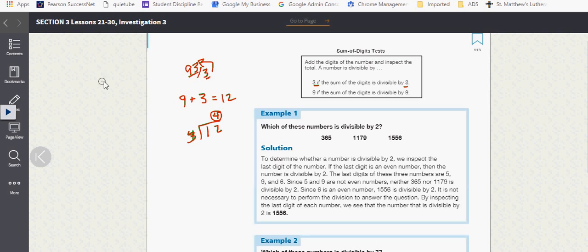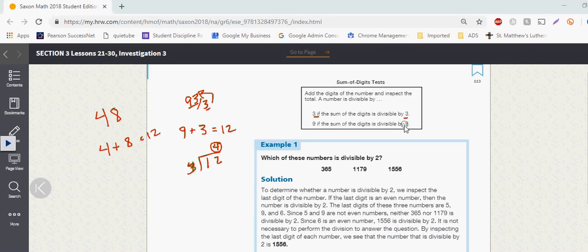Another one would be 48. 4 plus 8, separated as digits, is 12. Again, divisible by 3. Same thing for 9, only divisible by 9.